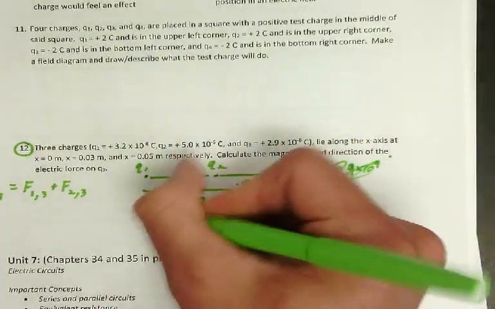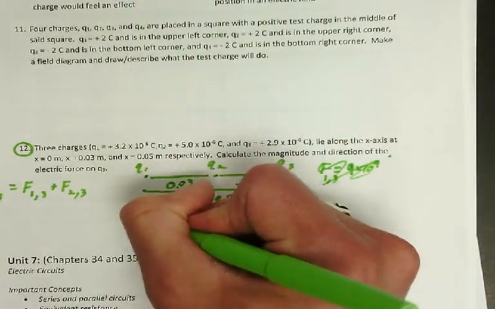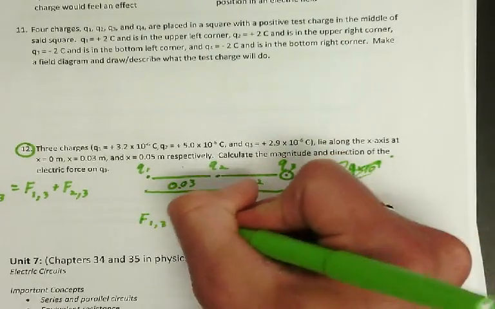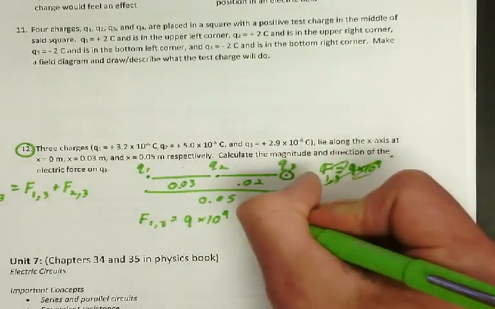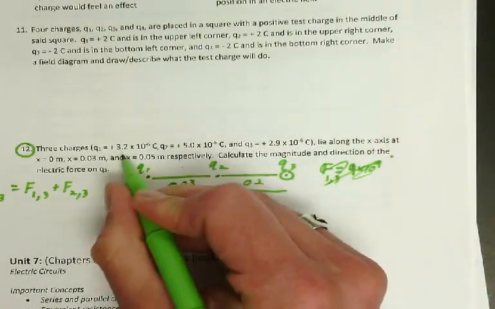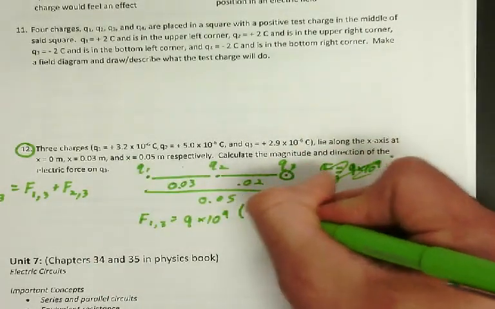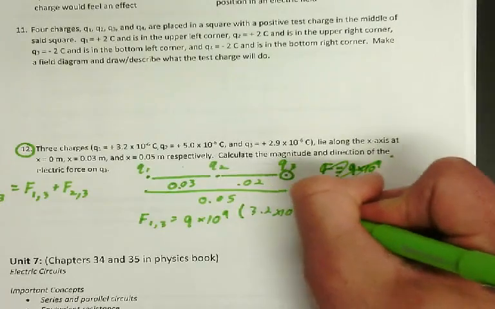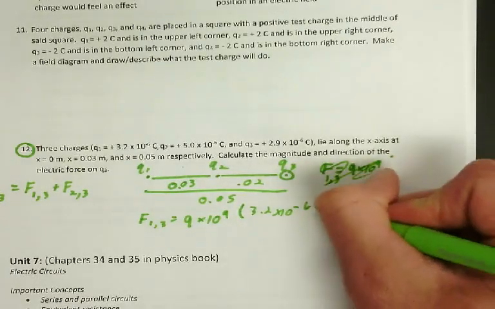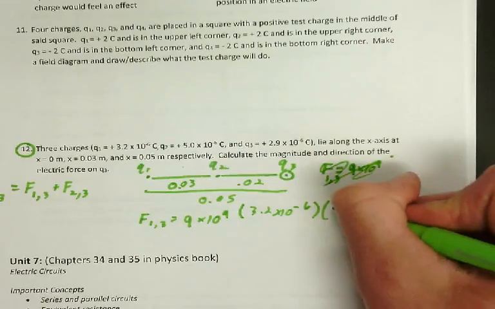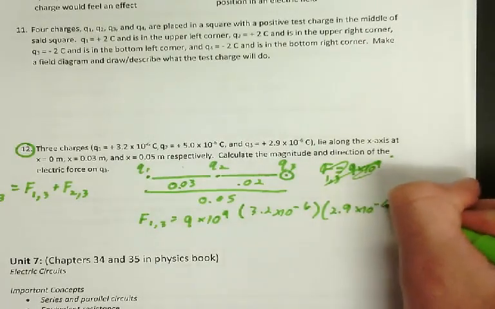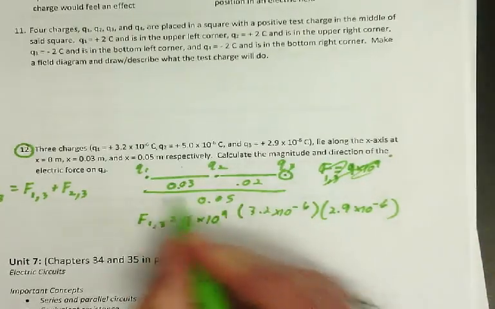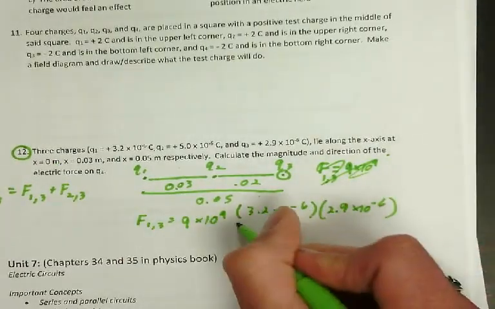Let's try this again. For 1 and 3, 9 times 10 to the 9th. Q1 is 3.2 times 10 to the negative 6. Q2 is 2.9 times 10 to the negative 6. And the distance between 1 and 3 is 0.05.